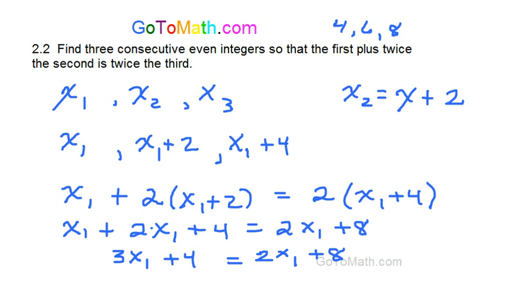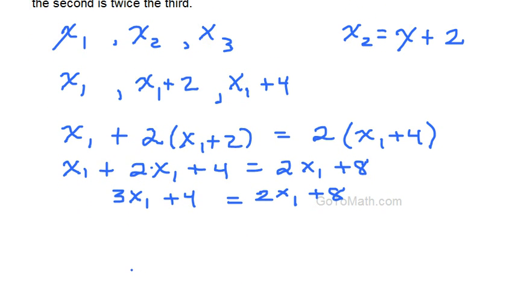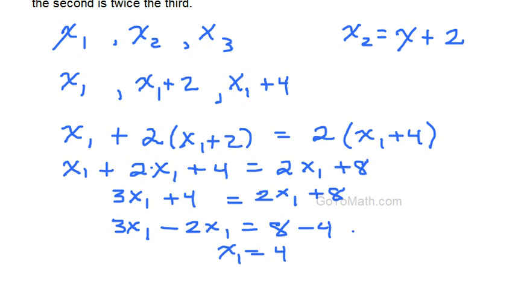Let's take that 2x1 over to the left hand side. So we'll have 3x1 minus 2x1 is equal to 8, and then take that 4 over to the right hand side. So we end up with 4 here, and it looks like that's just going to be x1.